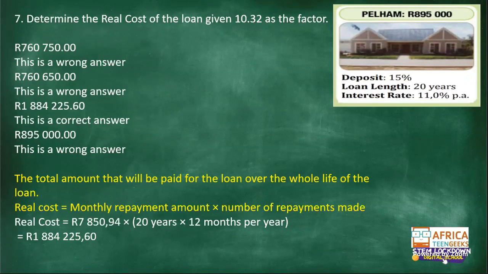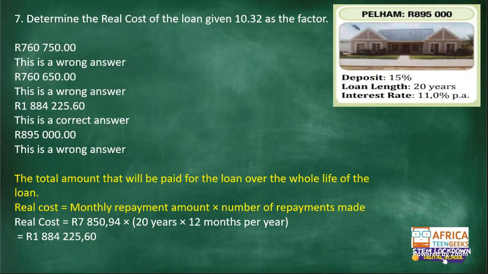Now, remember we used the factor value to find the monthly repayment, and we said the monthly repayment is 7,850 rands and 94 cents.